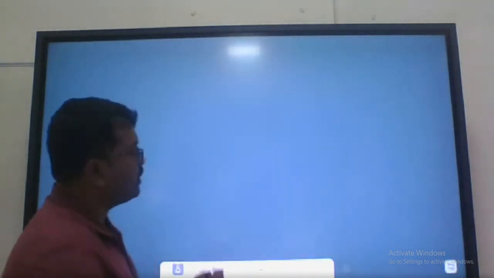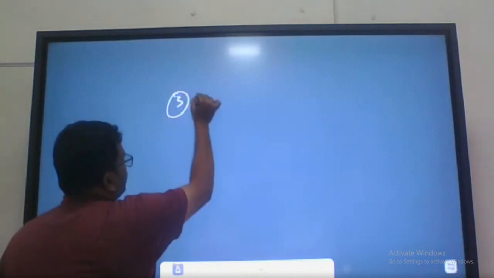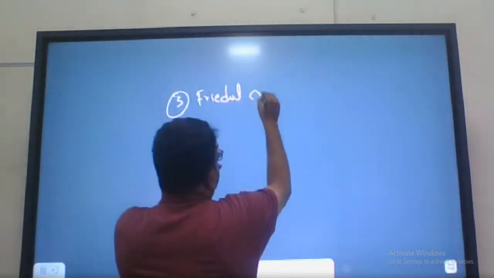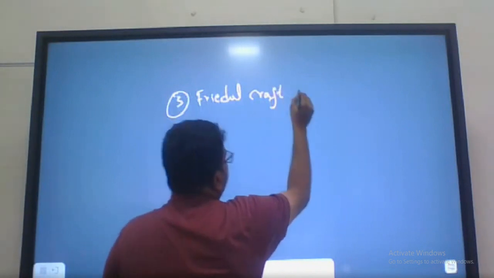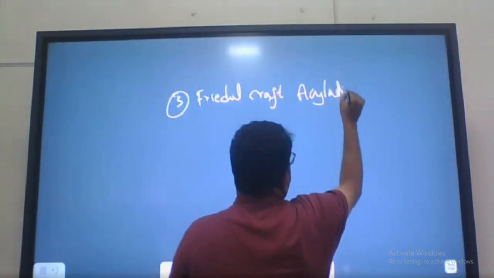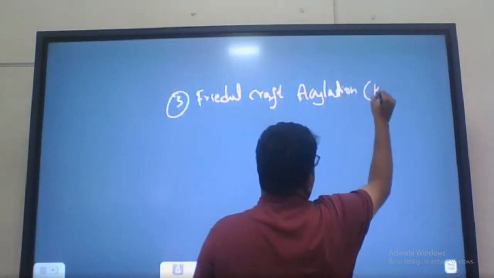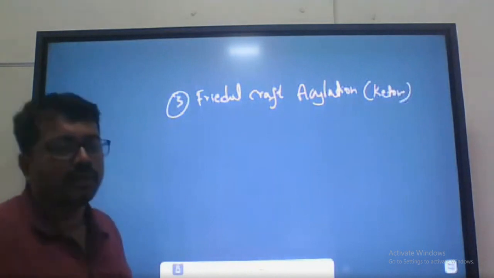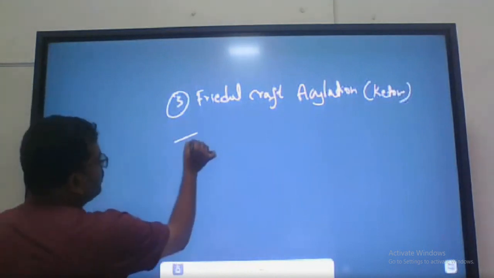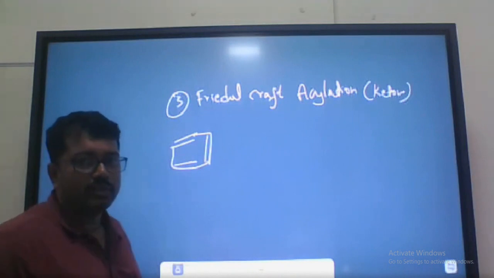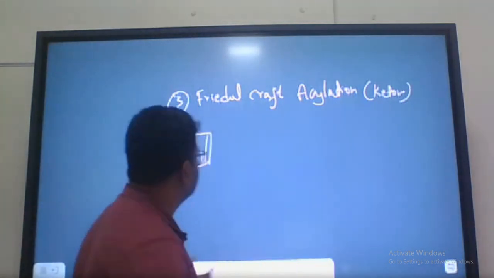And then the third is Friedel-Crafts acylation, a ketone preparation. Friedel-Crafts acylation is a very famous reaction, for which he got a Nobel Prize.